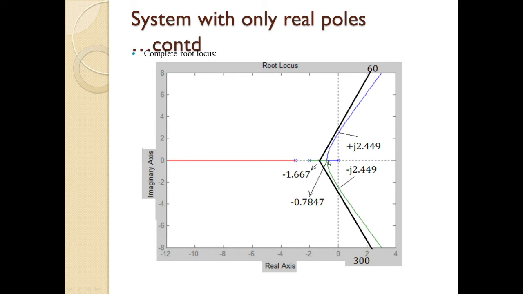At this breakaway point, it changes its direction, and following the asymptotic angle, it goes to infinity, and it cuts the imaginary axis at plus j2.449, and this one cuts at minus j2.449. So this is the complete root locus, which has three branches. One terminates at infinity through the 180 degree line, and the other two branches terminate at infinity by following the asymptotic angles.